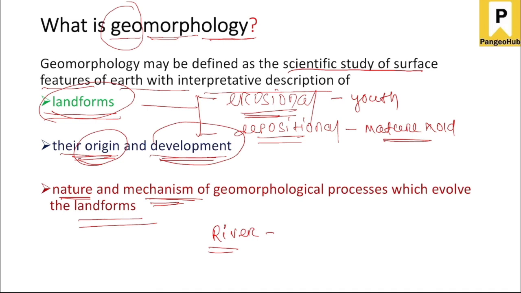If you take the example of a glacier, the main mechanism involves plucking action. So mechanism also varies from agent to agent. So if you define geomorphology, it mainly involves these three features: their landform, how they originated, and what kind of mechanism is behind their formation.